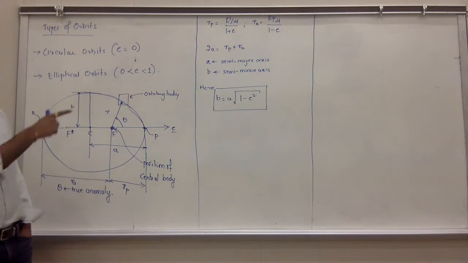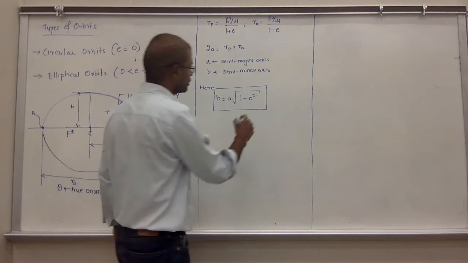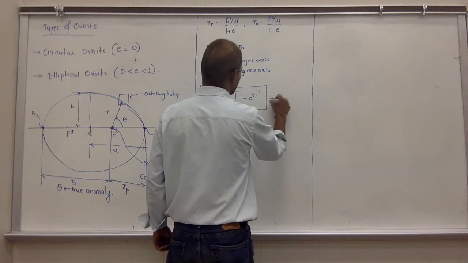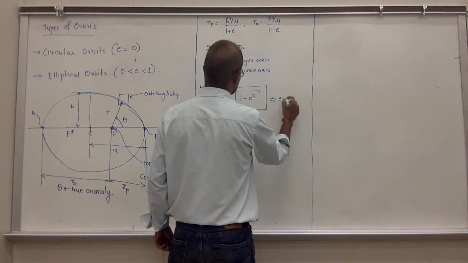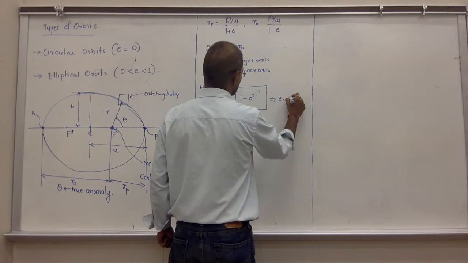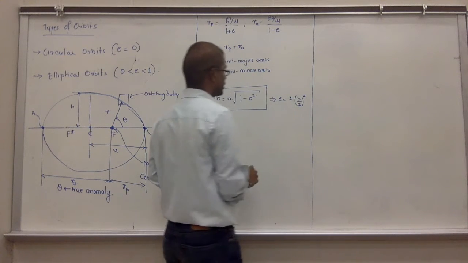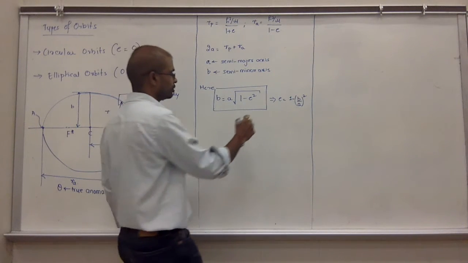Eccentricity e is what? So if you look at this, it implies e is the square root of 1 minus B over A, squared.